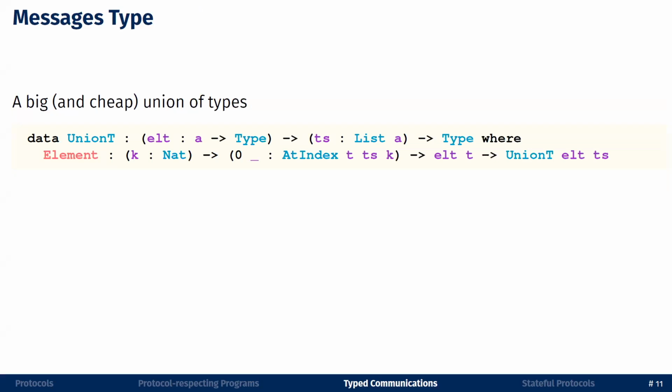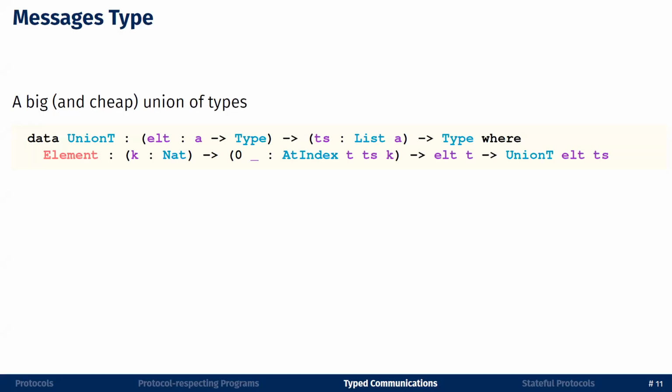And because you know the protocol statically, you can actually compute all of the message types you might need throughout the execution. And then you can form a big union of types in which you will be able to inject all of the separate messages that you have.